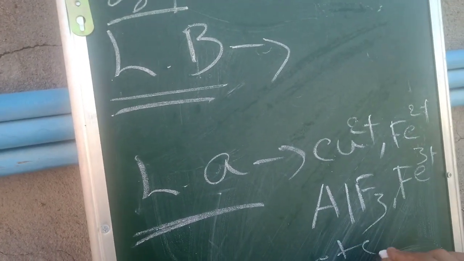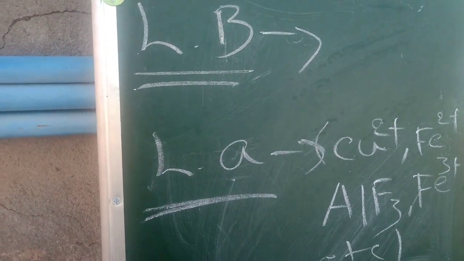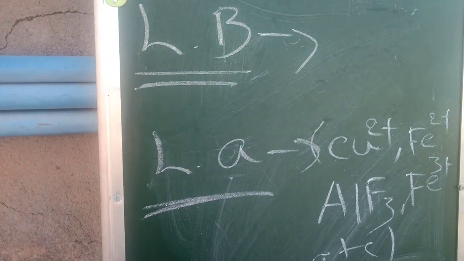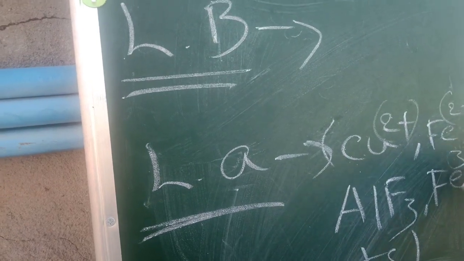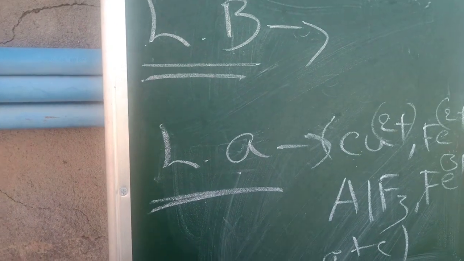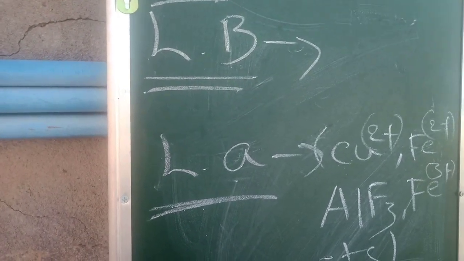Why did I mention +2, +3 and so on here? Because a Lewis acid accepts electrons, so I mentioned the plus charge.